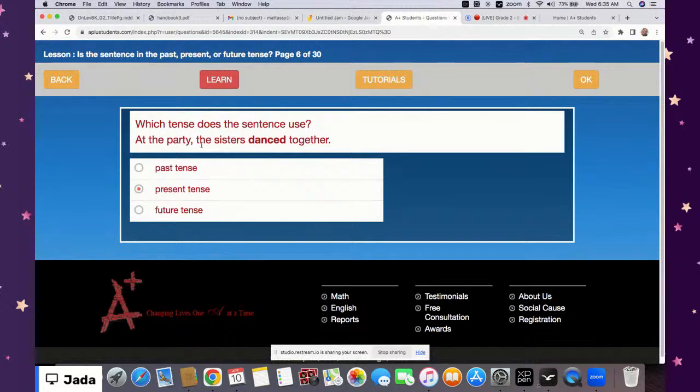At the party, the sisters danced together. Ed means it happened already. Okay?